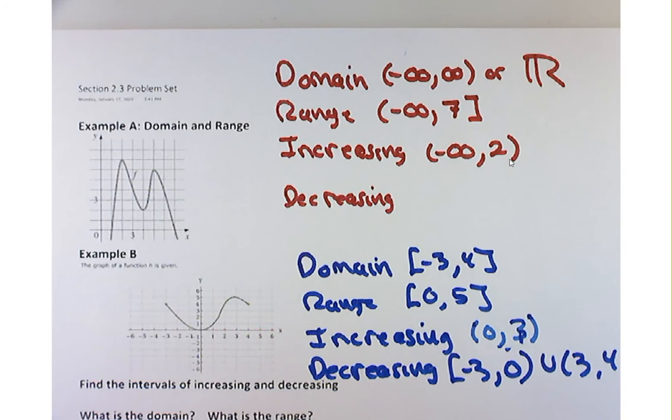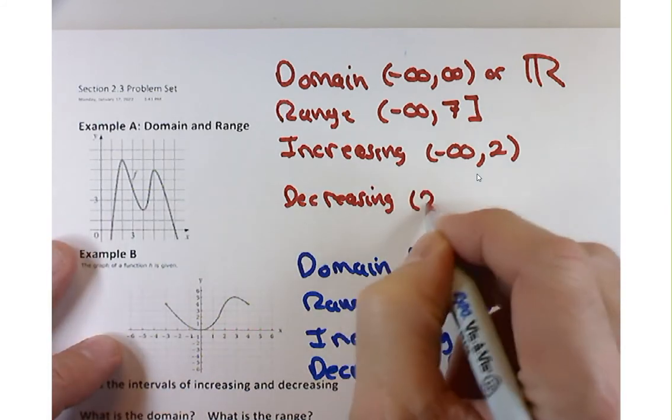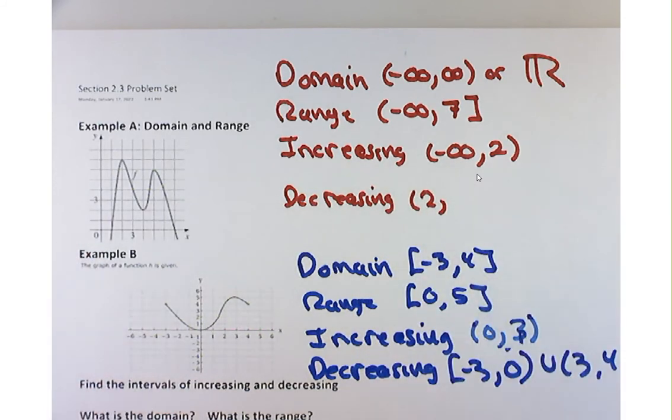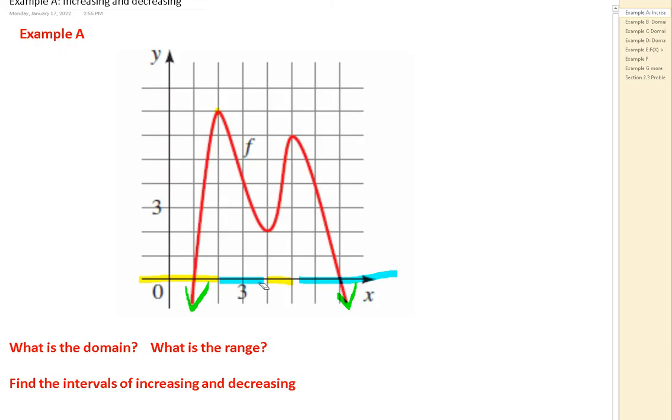So what happens after it gets to 2? Starts decreasing. So it's going to start decreasing from 2 parentheses until we get to where? 4. So look back at the graph here. When we get down to 4, yeah, the graph starts coming up. So 2 to 4.